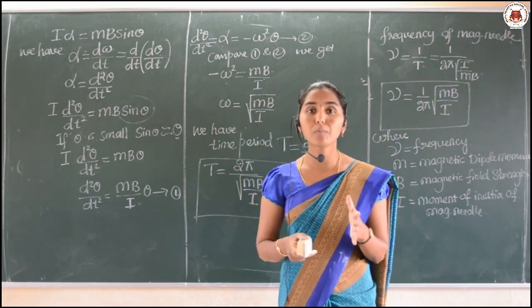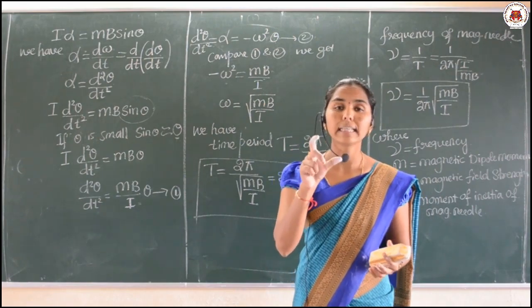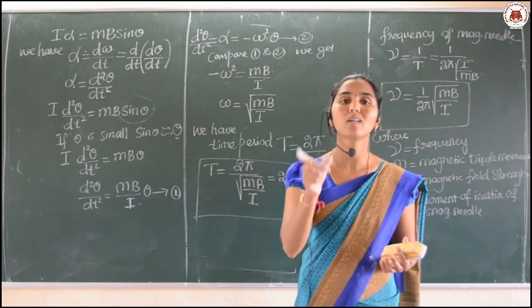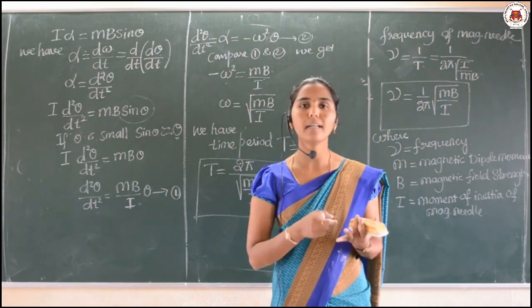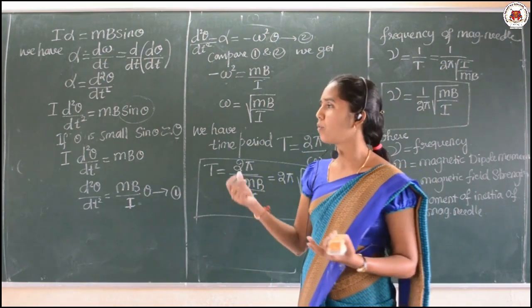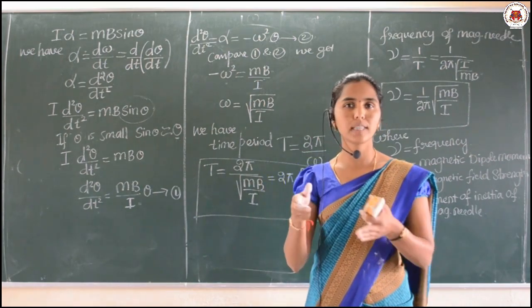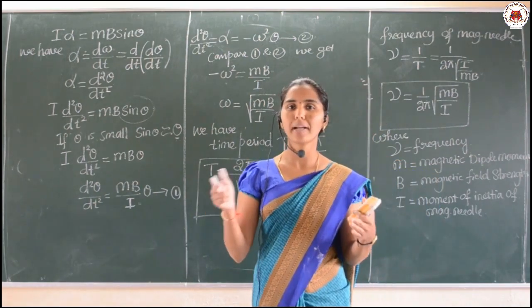Then we moved to the important part, that is drawing the magnetic field lines around the bar magnet and also around the solenoid, right. And then we talked about the torque acting on the magnetic needle which is kept in the uniform magnetic field, right.